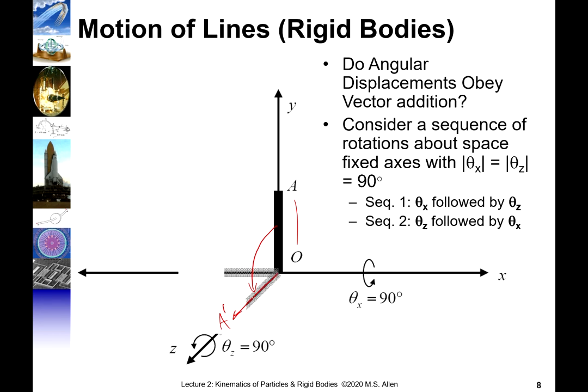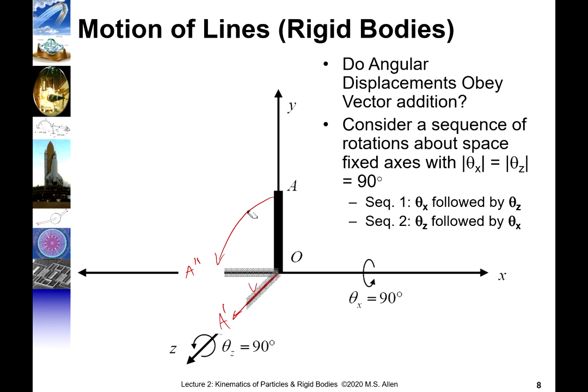Okay, but notice if we do these in the opposite direction, if we do the theta z rotation first, that's going to take the vector and put it here, give us A double prime. And then if we do a rotation about x, nothing will happen. We're just spinning the vector about its axis.